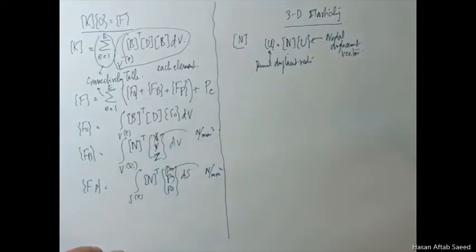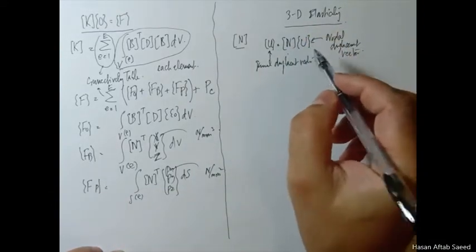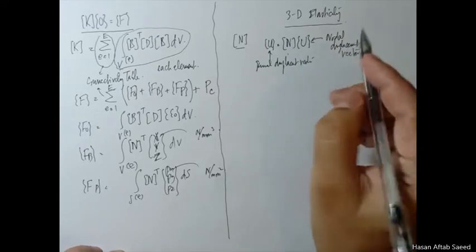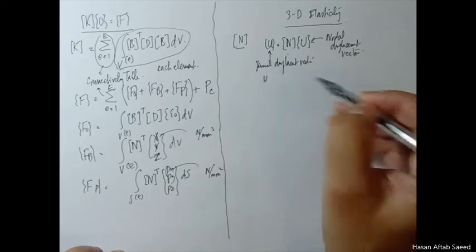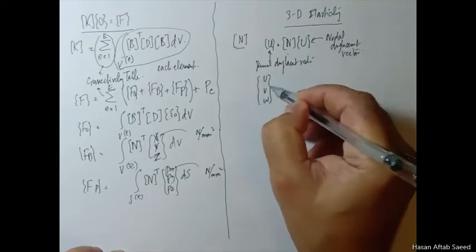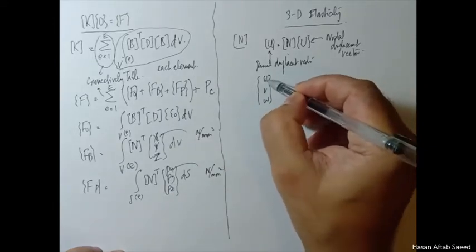We have done these at least two times before, but in this case, for 3D problems, this u will take this form if we write all the components. Obviously for 2D it was just u and v, for 1D it was just u, just a number.